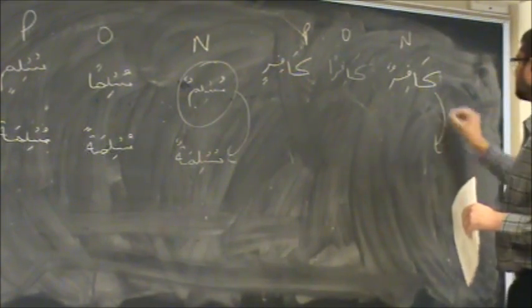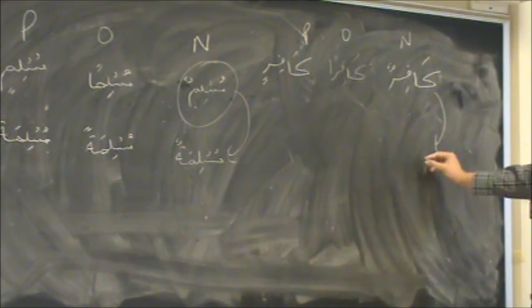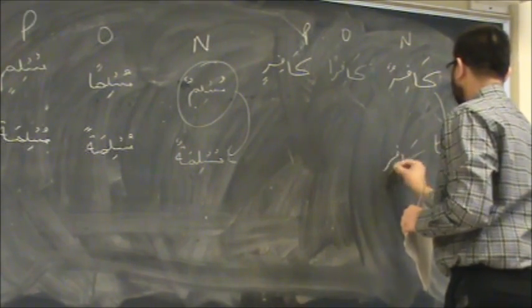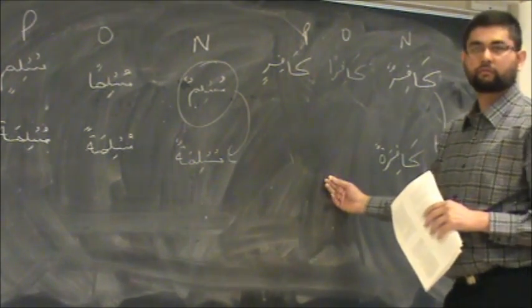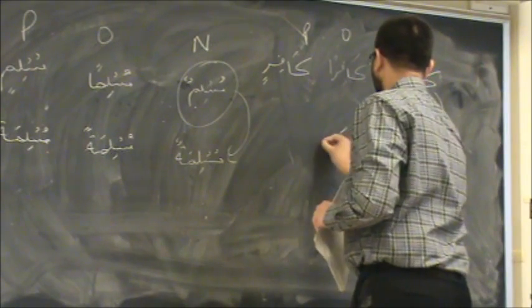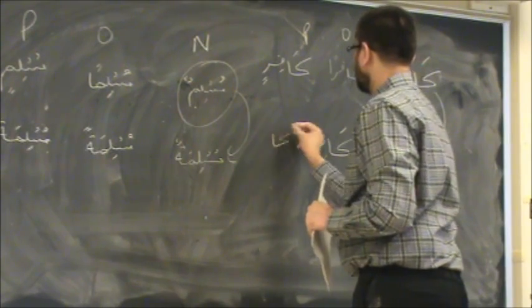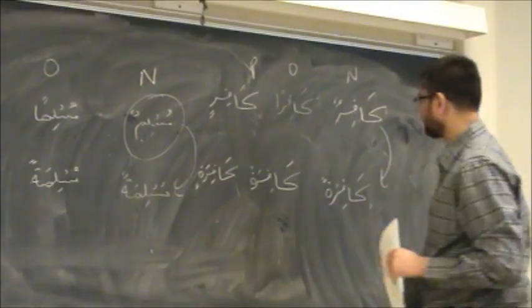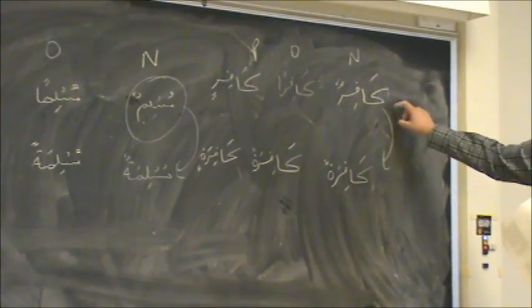And since it has real gender, I can transform it into feminine. What will it become? Kafiratun. And here it will become Kafiratan. And here it will become Kafiratin. Right? Because it had real gender, we could make 6 forms.